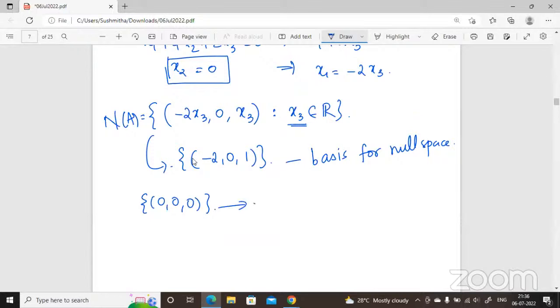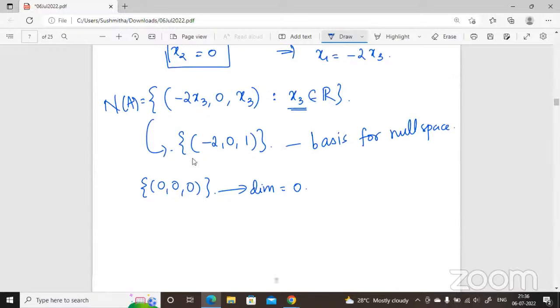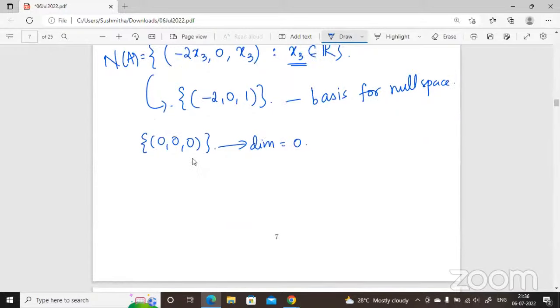So we can tell that for a homogeneous system of equations which has a unique solution, the nullity is 0. Why so? Because rank is nothing but, if I have a unique solution, how many dependent variables do I have?